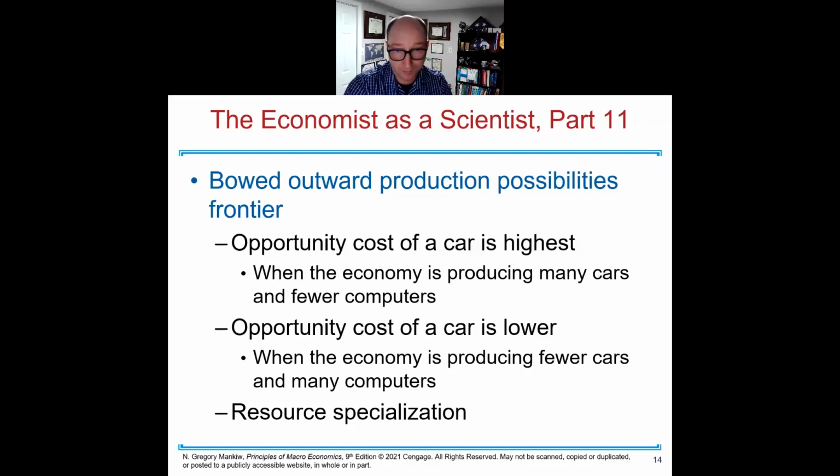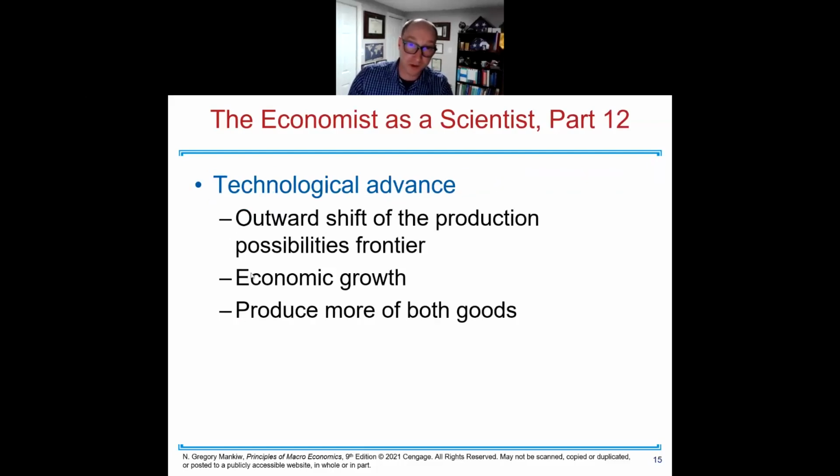It's all about maximizing production. When the cost of the car is lower, that means the economy is producing fewer cars and a lot more computers. We focus a lot on resource specialization. So we're trying to maximize our level of output. That's what production possibilities frontiers tell us.